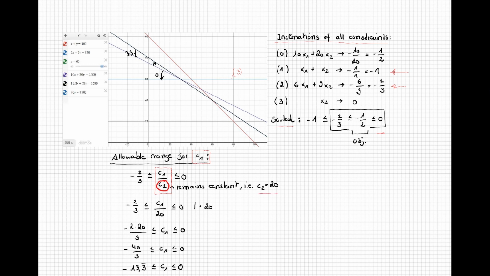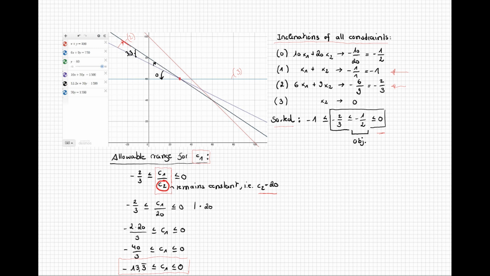It was given by 20 in the objective function. And then by simply doing some algebra, we can calculate the allowable range, which is between 13.3 and 0. In fact, we can vary the inclination of our objective function until the point where it would have the same inclination as our constraint 2.